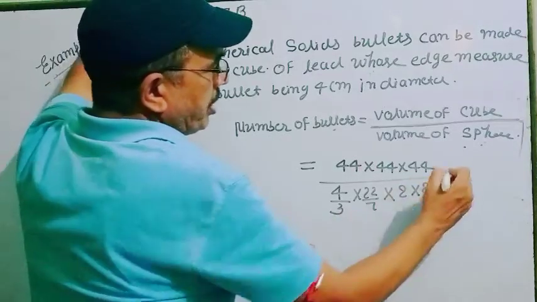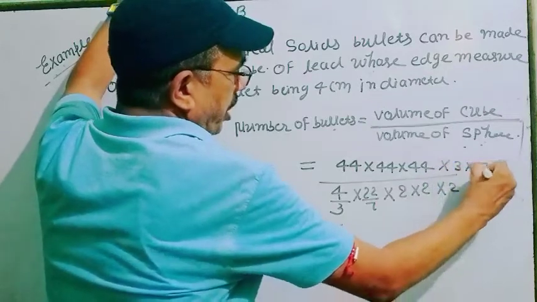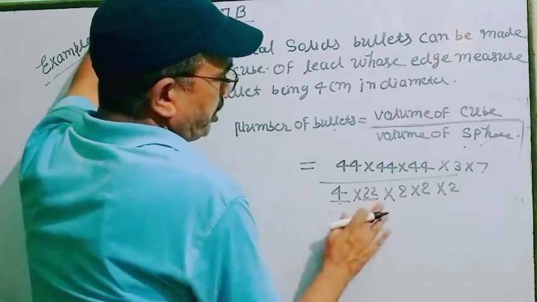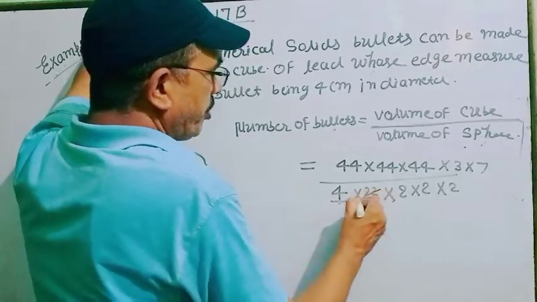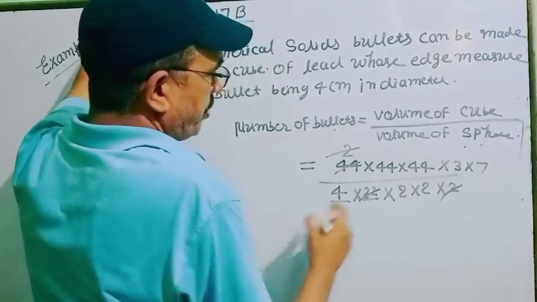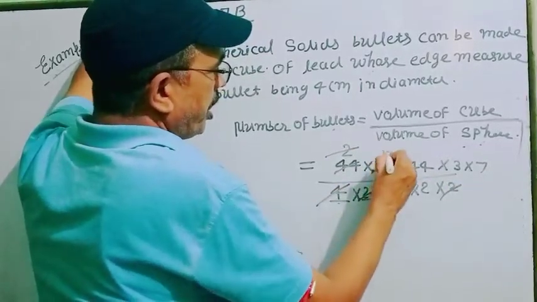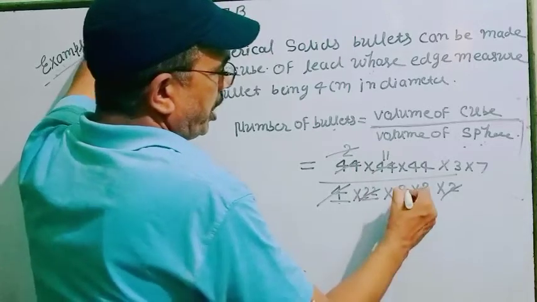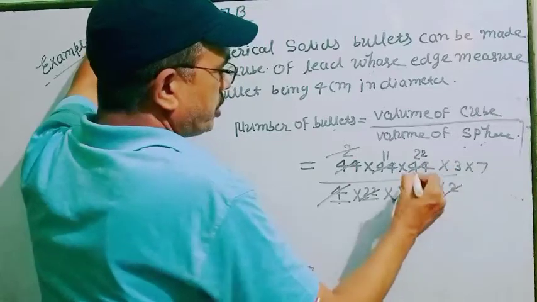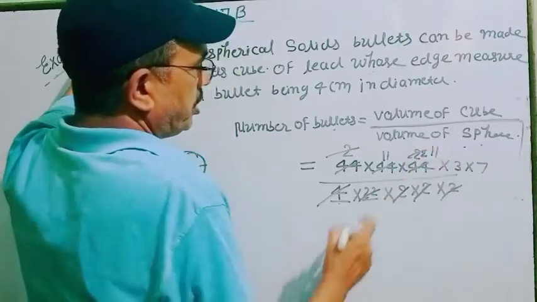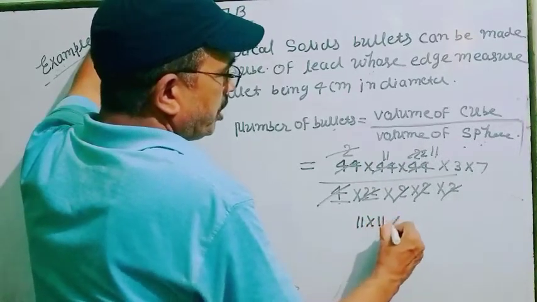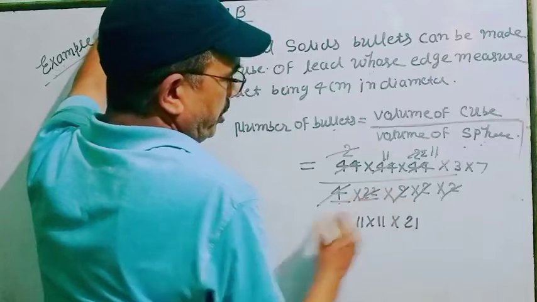This 3 and 7 are here, because this is division, so we multiply there and now solve it. Here is 22, then 2 and 2 cancel. Here is 4, 11 times. Here is 2, 22 times. Here is 2, 11 times. Then you have only 11 into 11 into 21.